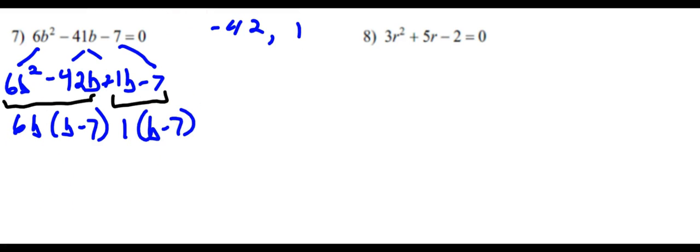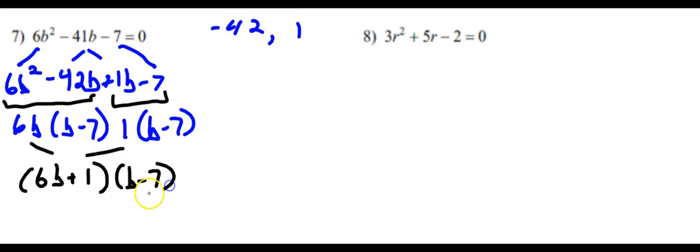Now we're going to recombine. Those two come together to be 6b plus 1. And then we still have b minus 7 as our other factor. We really have it twice, but we don't need to solve it twice. And those are all equal to 0.